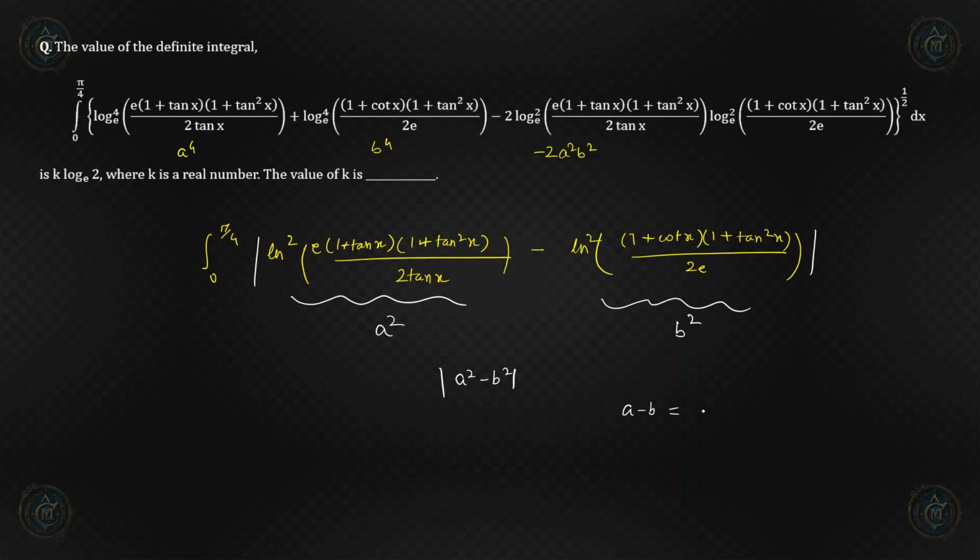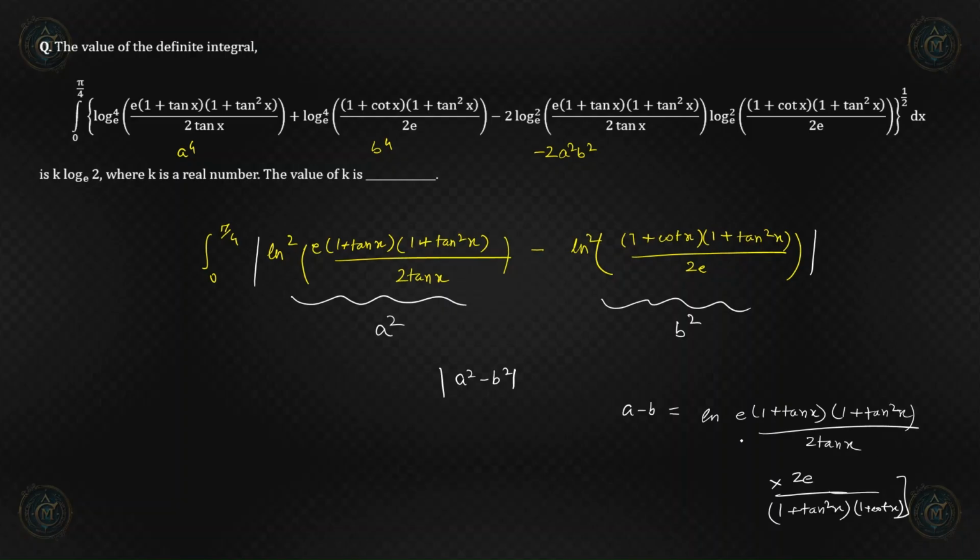So a minus b will be log of e into 1 plus tan x times 1 plus tan square x divided by 2 tan x, minus log of this. That means log of this divided by this, that means into 2e divided by 1 plus tan square x times 1 plus cot x.